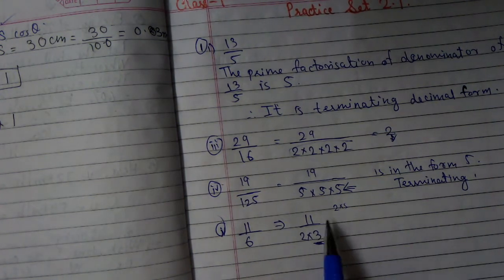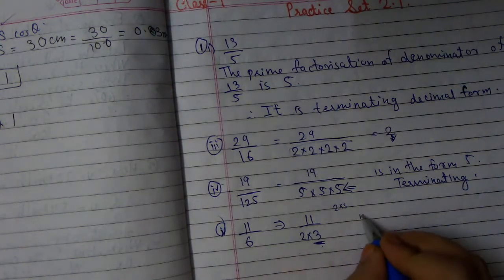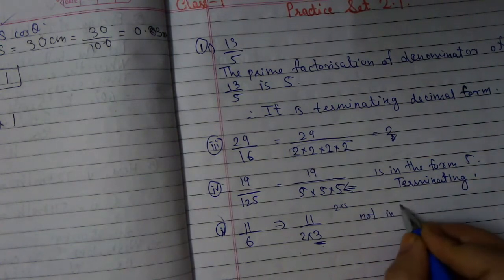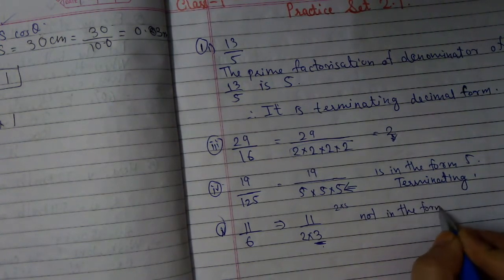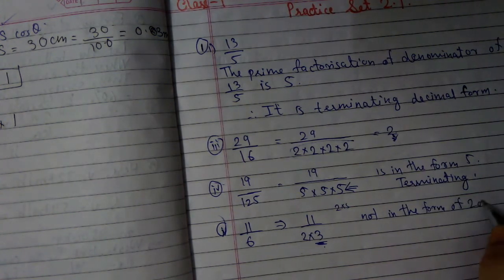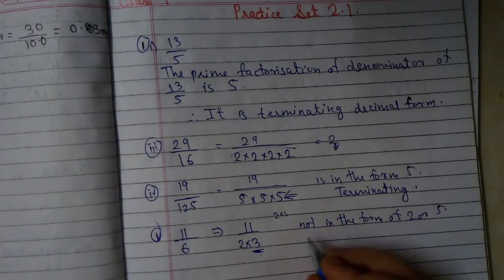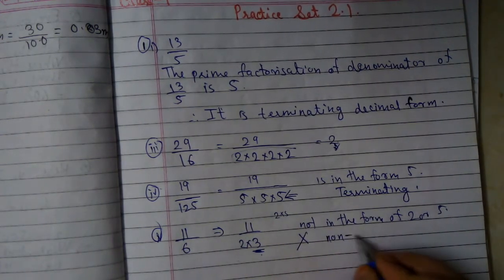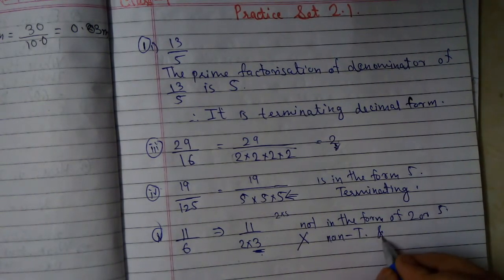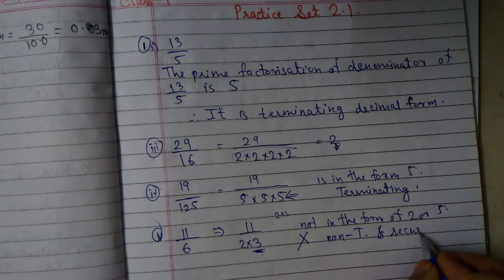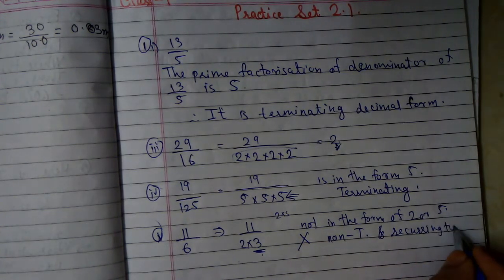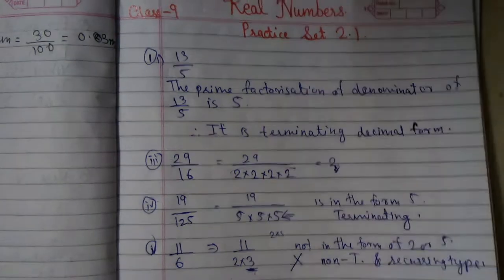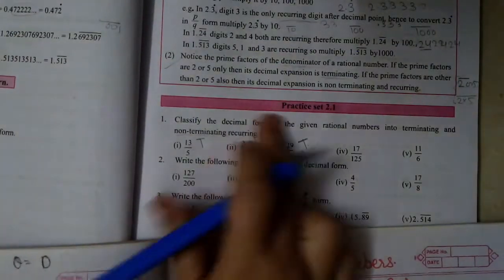That means the prime factorization of the denominator 6 is not in the form of 2 or 5. So it will be non-terminating and recurring type. Students, I hope you all have understood question number 1.